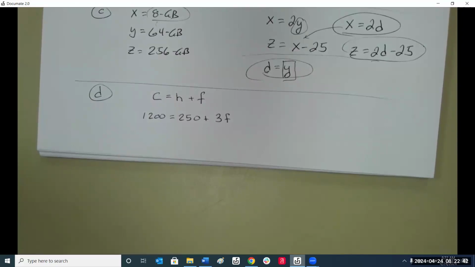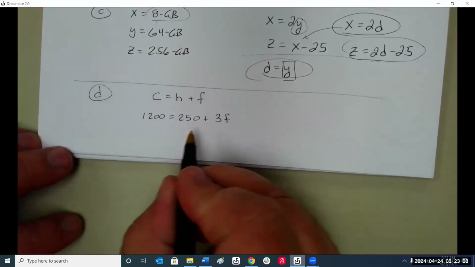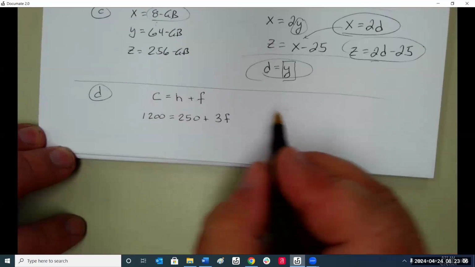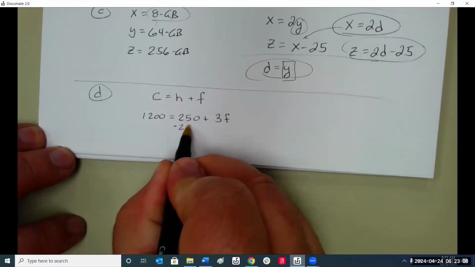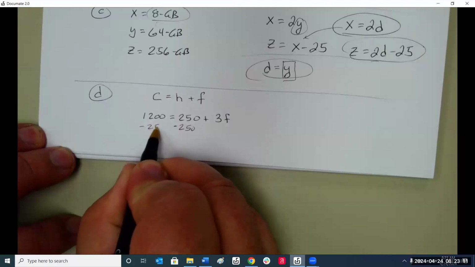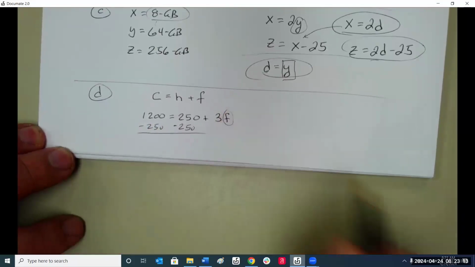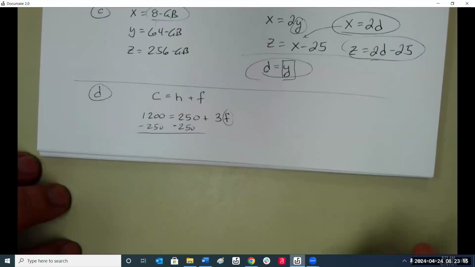Or how many fries can you eat? What's the first thing we do? Subtract 250 from both sides. We want to know the number of fries you can eat first.